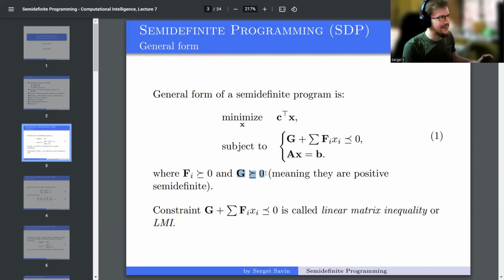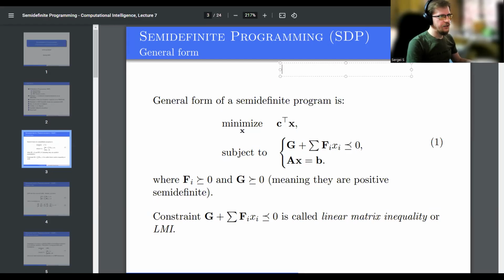So that's the point. To make a very simple illustration, let's see, do I think I will be able to make a simple illustration on the fly? Maybe. Let's say G is something like this, right? This is a positive semi-definite matrix.